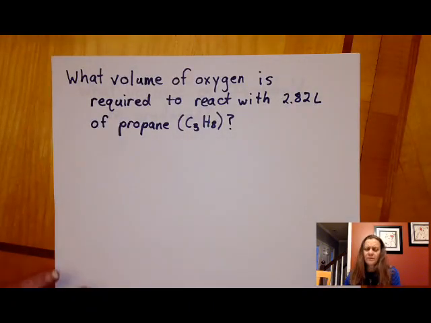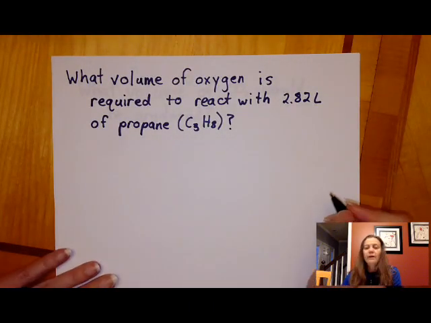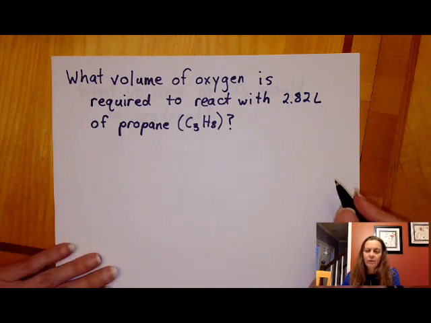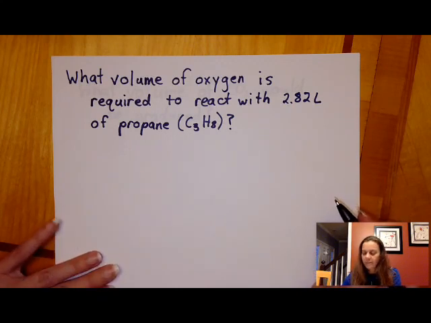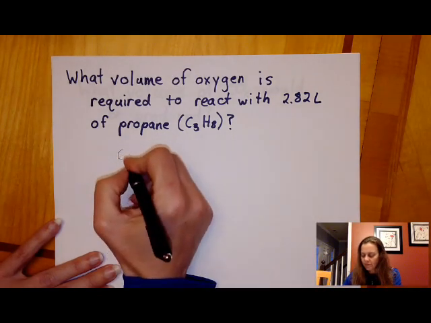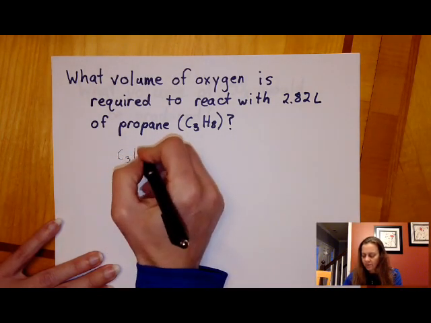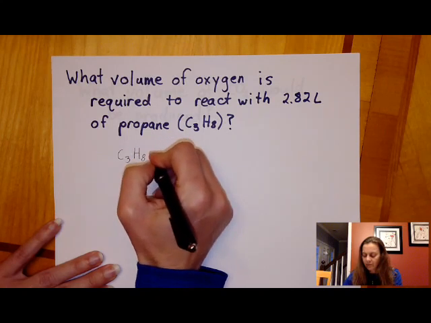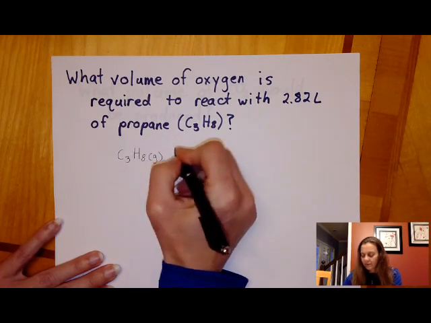So this one asks us what volume of oxygen is required to react with 2.82 liters of propane. So again, we're going to start with our balanced chemical equation. We know this is a combustion reaction because we have propane, which is a flammable gas, reacting with oxygen.